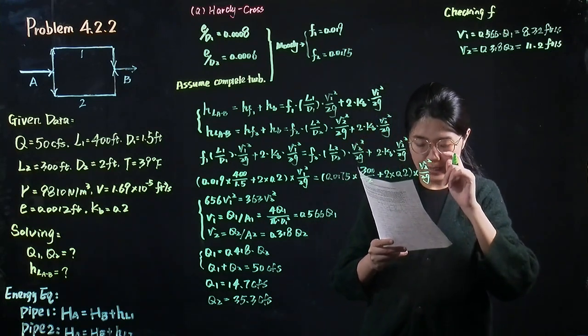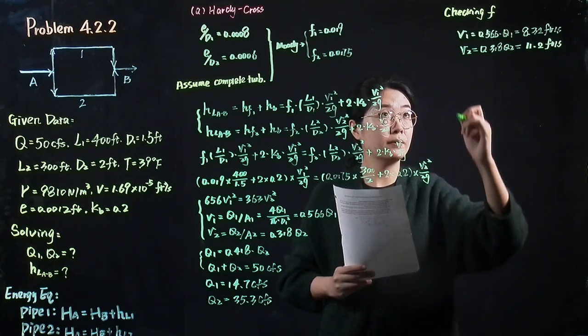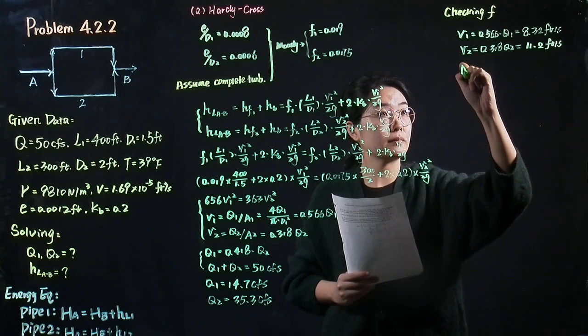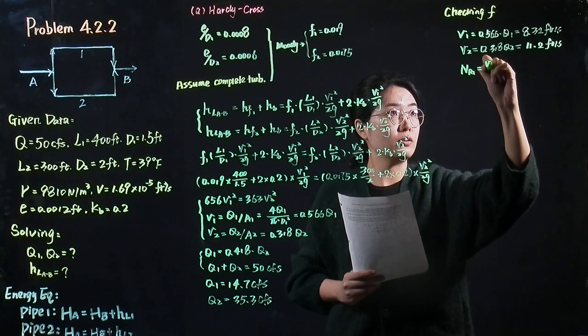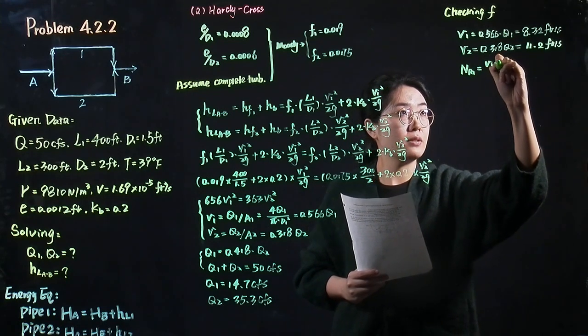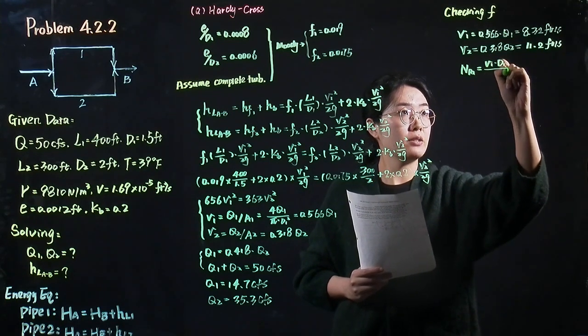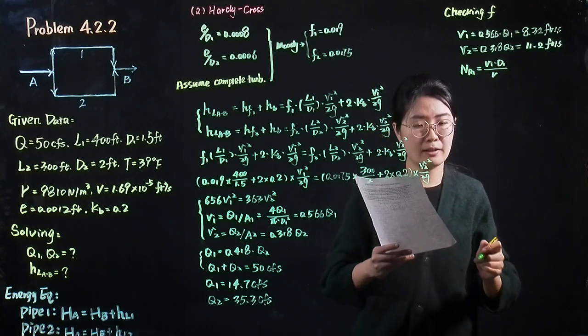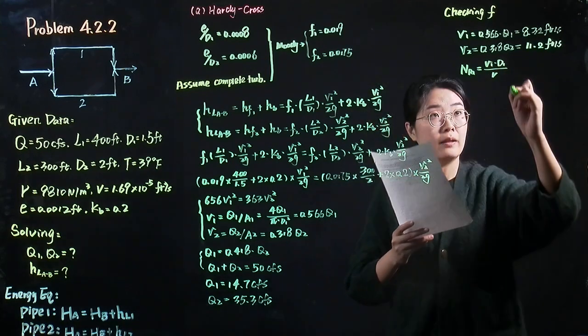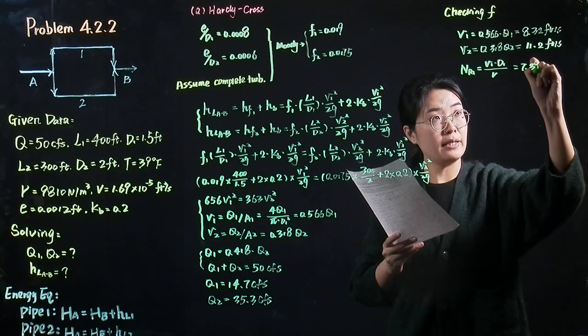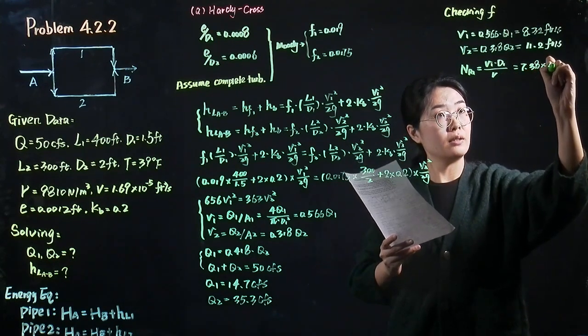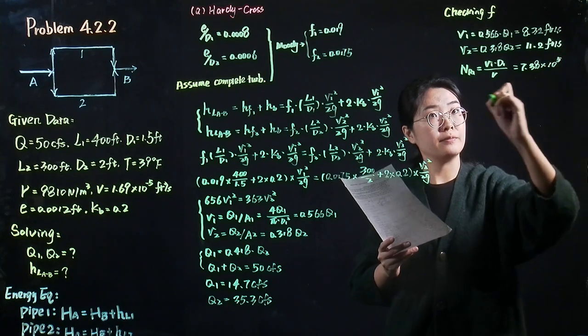And then we can calculate the Reynolds number. The Reynolds number for pipeline 1 equals V1 times diameter over kinematic viscosity. It equals 7.38 times 10 to the power of 5.